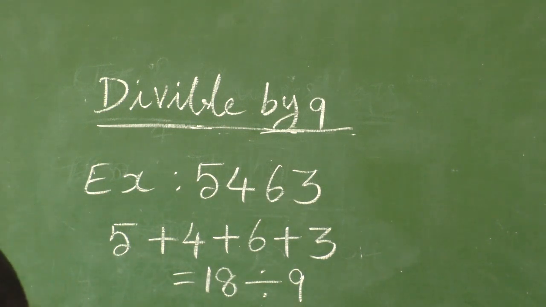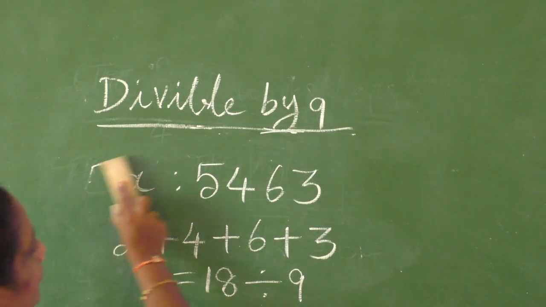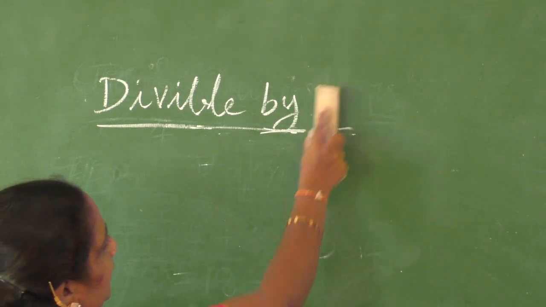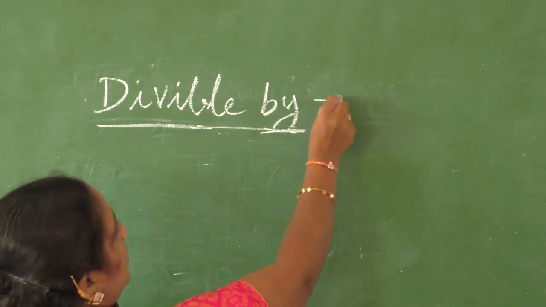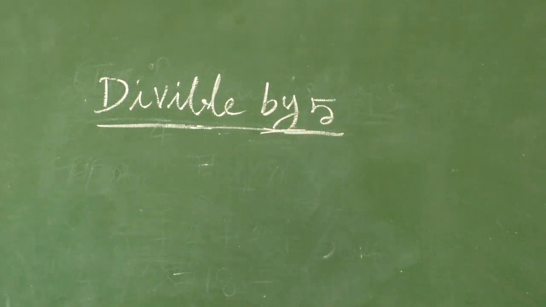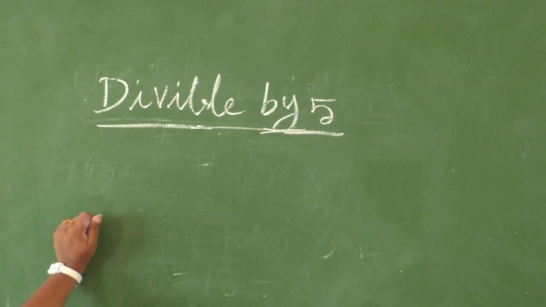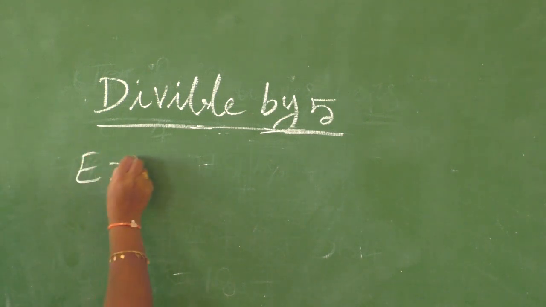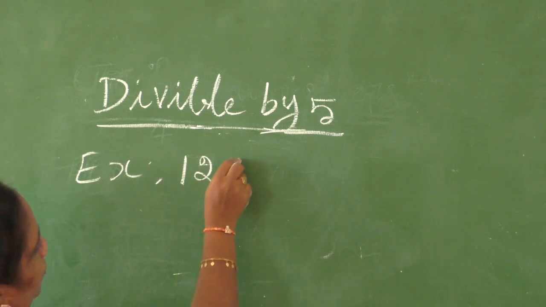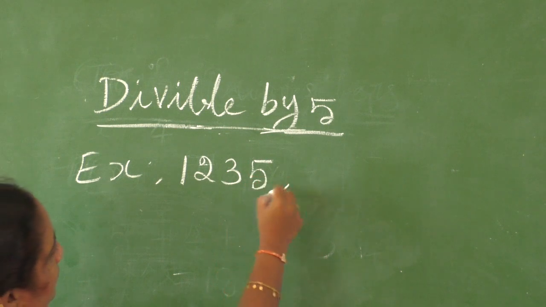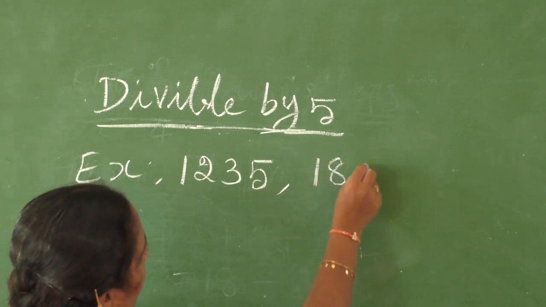Then divisible by 5. That's very easy, you already know. What is the rule for divisibility by 5? A number is divisible by 5 if the digit in the ones place is 5 or 0. For example, I am taking 1235 or 1800.